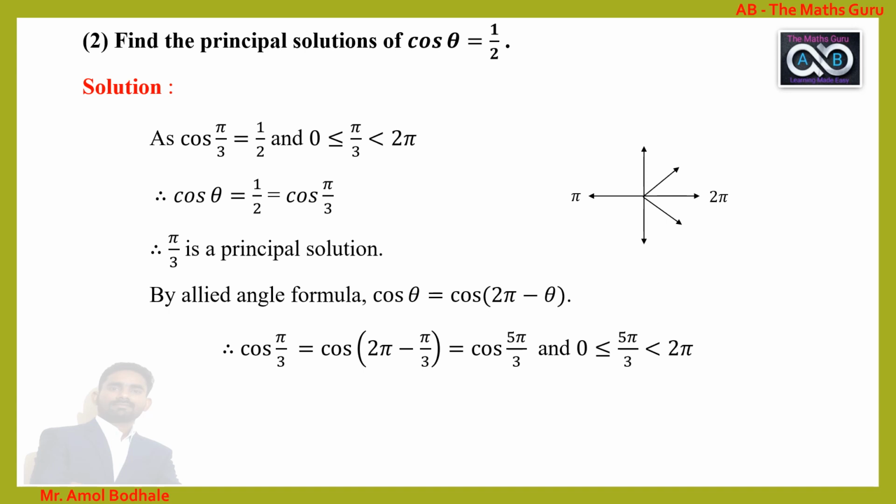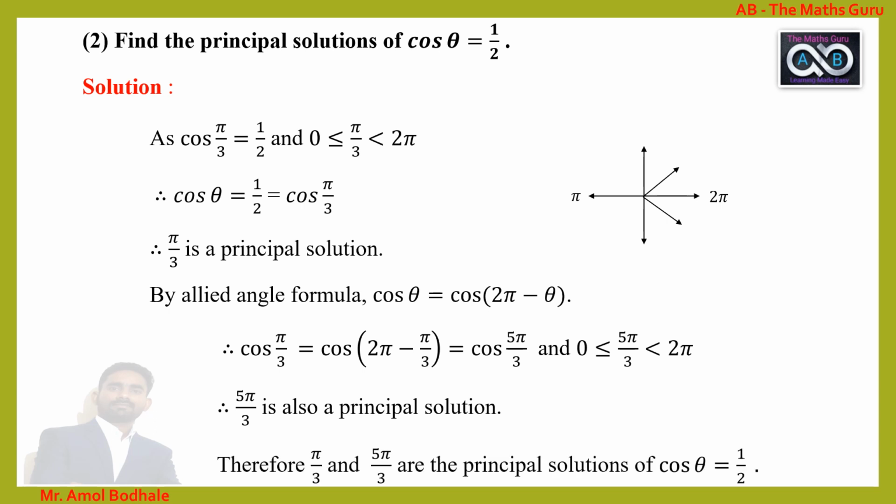So pi by 3 means 60 degrees and 5 times 60 means 300 degrees, which obviously lies between 0 and 360 degrees. So therefore 5 pi by 3 is also a principal solution. So therefore we can say pi by 3 and 5 pi by 3 are the principal solutions of cos theta equal to 1 by 2. Let's see the next example.